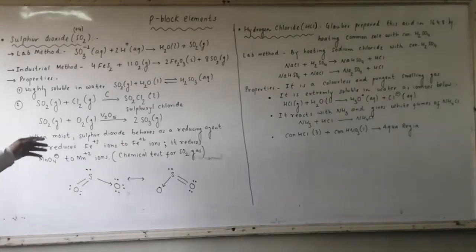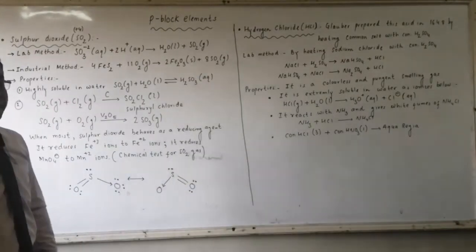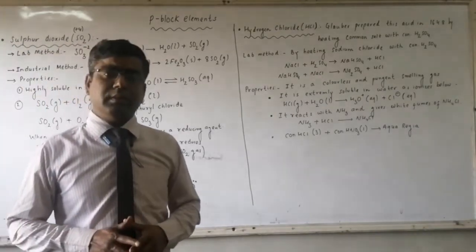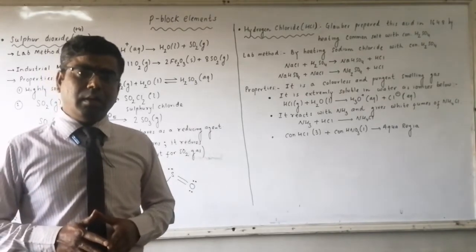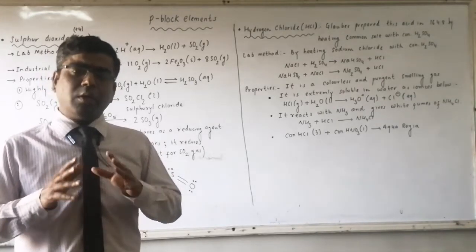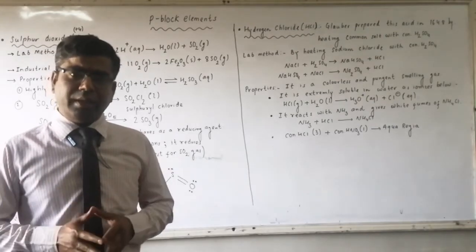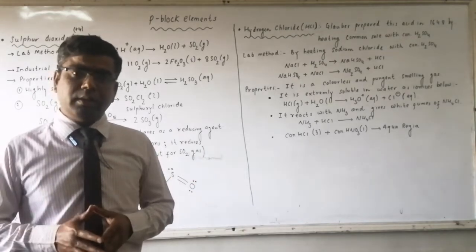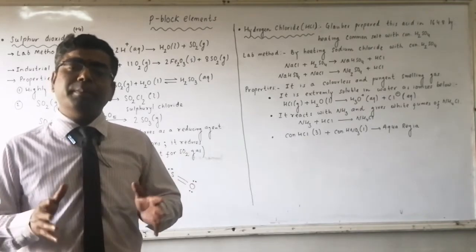Then comes the properties. SO2 gas is highly soluble in water. As I have told earlier, the gases which can undergo chemical combination with water are generally more soluble in water when compared to the gases which are not forming compound with water.